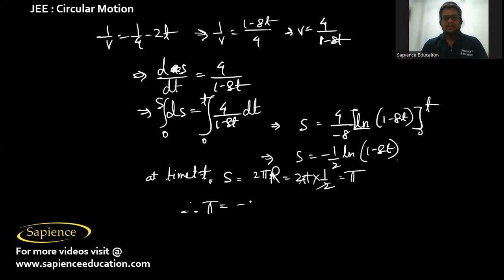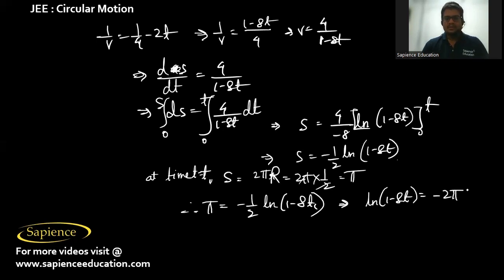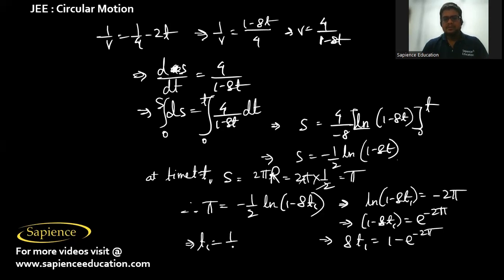So therefore pi will be equal to minus 1 by 2 into ln 1 minus 8 into t1. So you can say that ln 1 minus 8t1 will be equal to minus 2 pi. Therefore 1 minus 8t1 is equal to e power minus 2 pi. So 8t1 will be equal to 1 minus e power minus 2 pi. So therefore t1 will be equal to 1 by 8 into 1 minus e power minus 2 pi seconds.